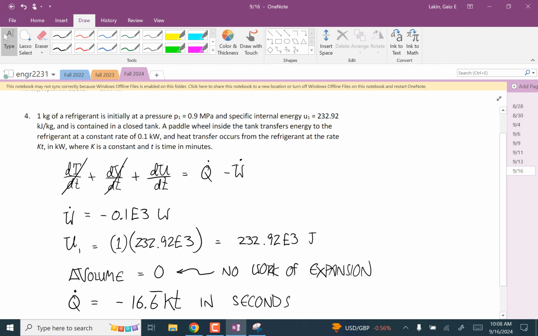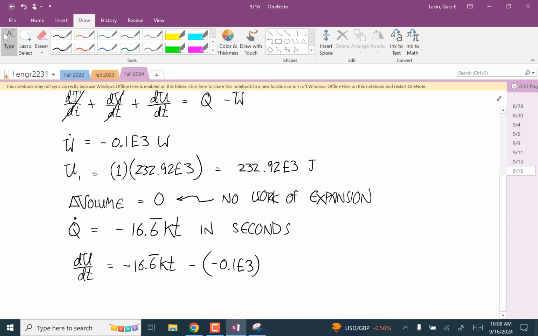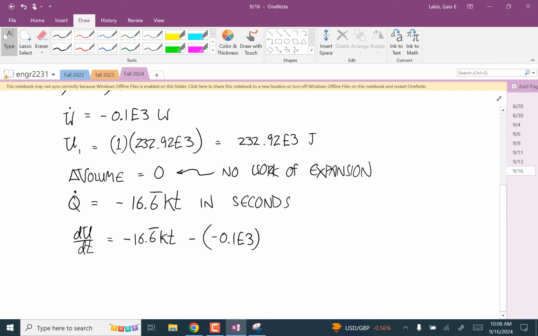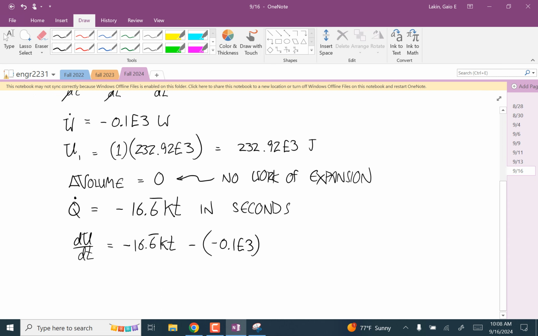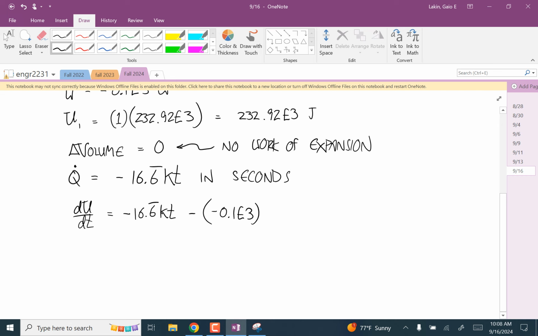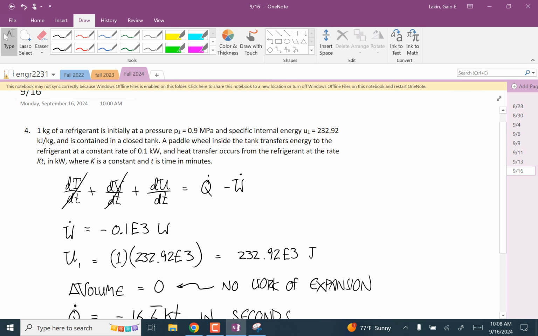So then you have to integrate it to find U and then solve for k. But we only have a starting specific internal energy. Oh, don't we have U2?